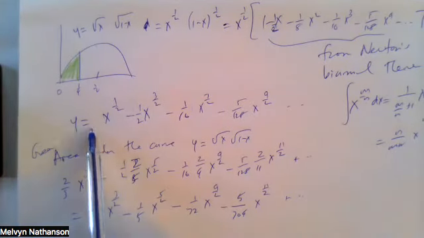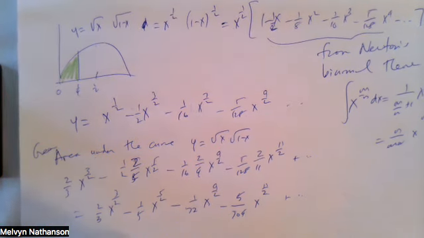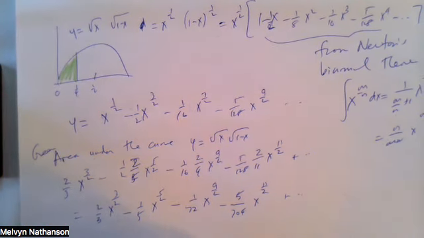If you take this curve and you integrate it from 0 to x, this is what you get. And when x is equal to 1/4, you get the green area.